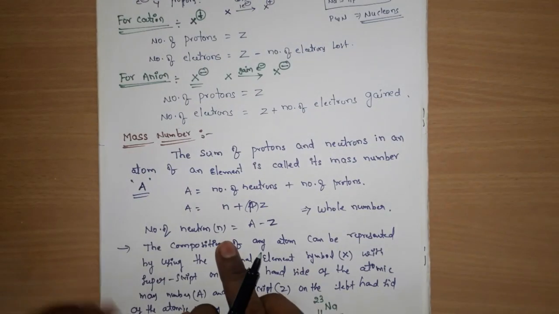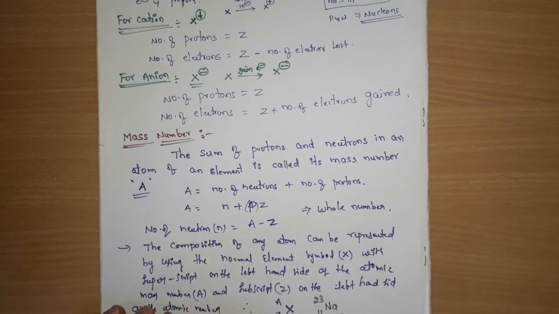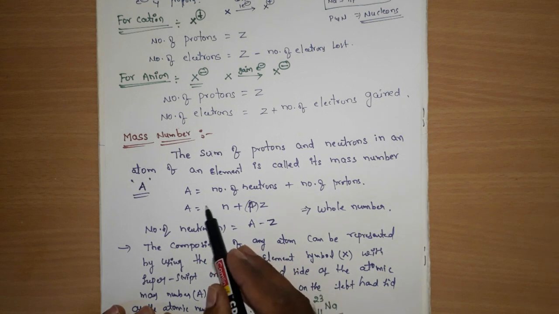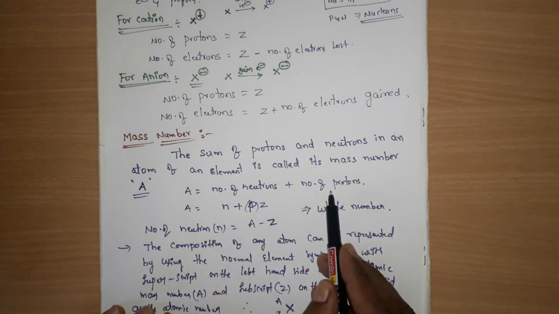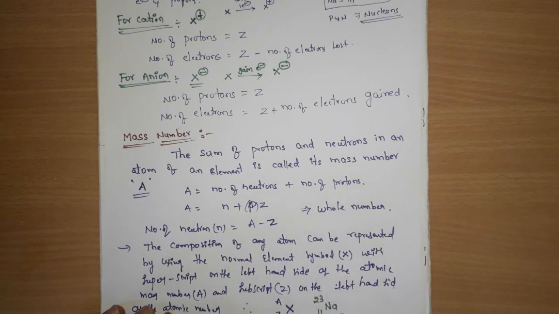Here one more important point: for calculating the mass number, we only consider the mass of the neutrons and protons in the composition of any atom, but electrons are also present inside the atom. But here we don't consider the mass of the electrons because the mass of an electron is very, very small.